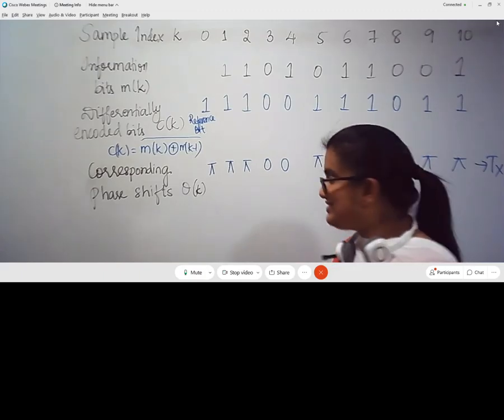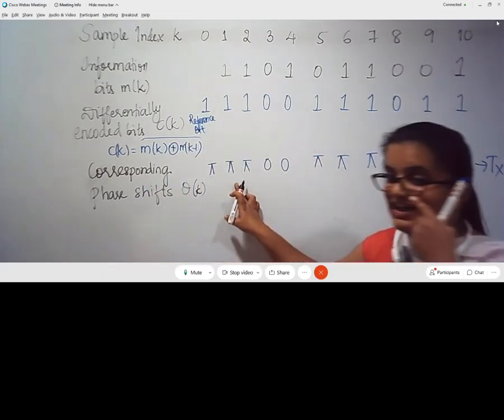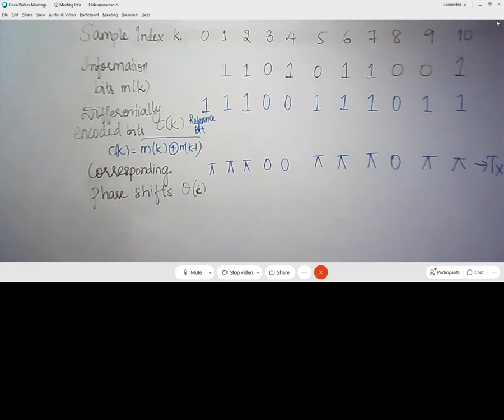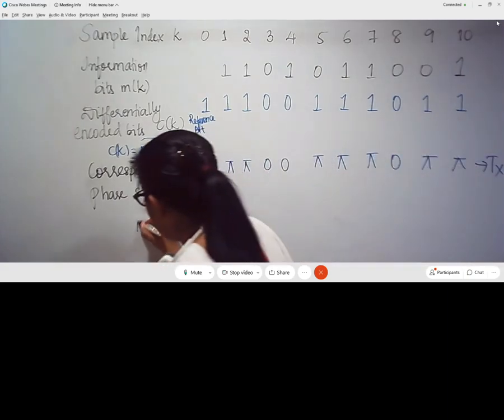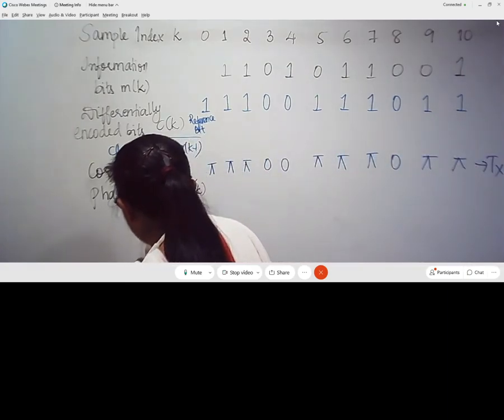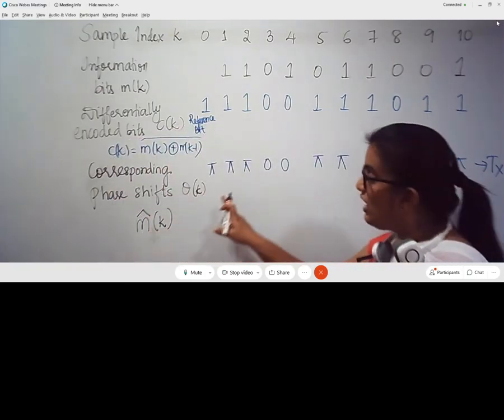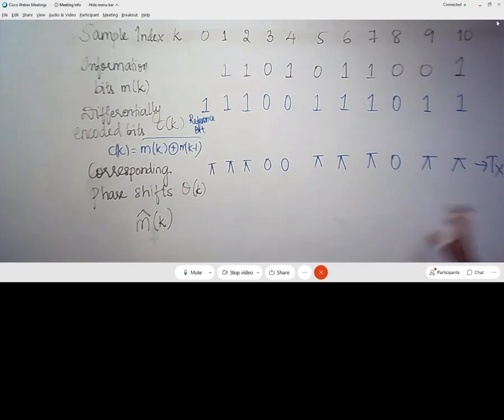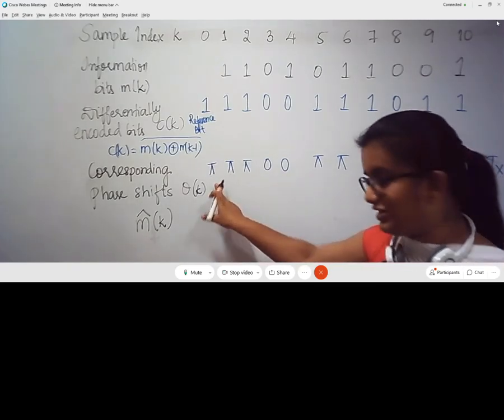Now on the receiver side, what will happen? Assume that I have received these phases without any distortion, and the reconstructed message bits, that is m cap of k, assuming the first phase is detected properly.